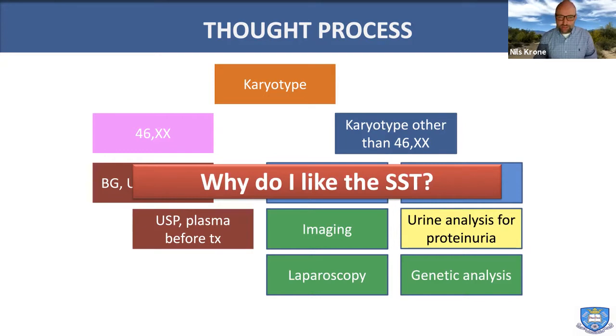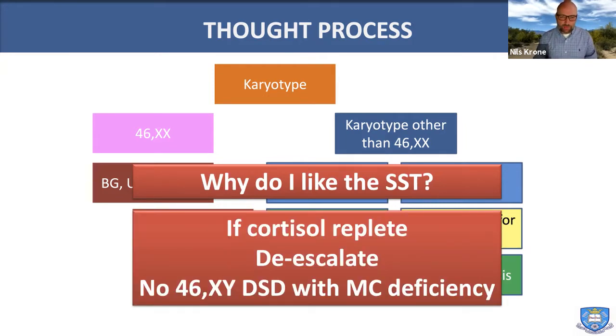So I think this is a really good test to de-escalate things and stop taking blood tests every day. Because if cortisol replete, you can de-escalate, and there's no 46XY with mineralocorticoid deficiency if you're cortisol replete.